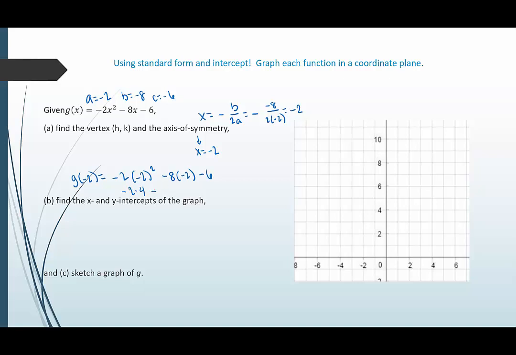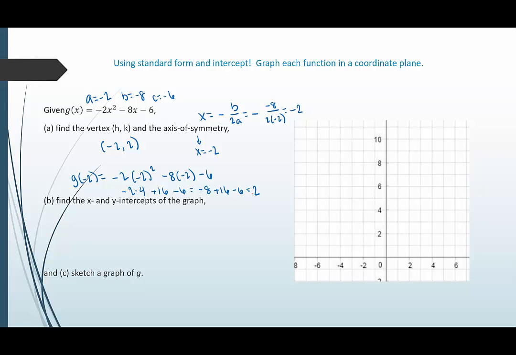Negative times negative gives me +16, and then minus 6. -2 times 4 is -8. So we have -8 plus 16 minus 6. This would be 8 minus 6. That's going to be 2. So we end up with a y-coordinate of 2. We plugged in -2. We got a 2 as an output. A lot of 2's in this one.